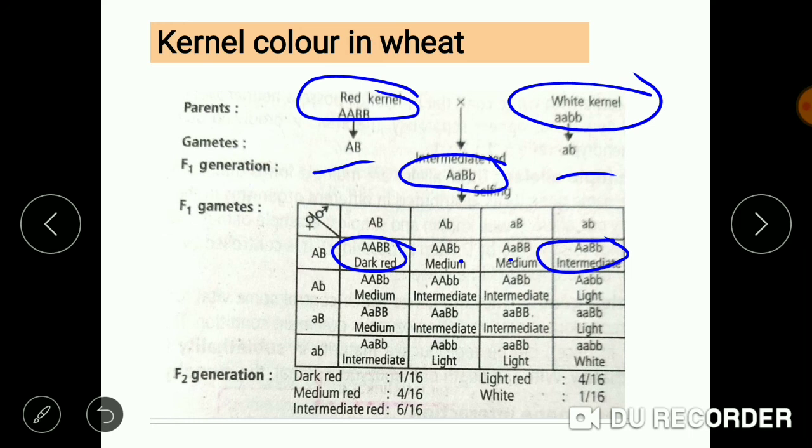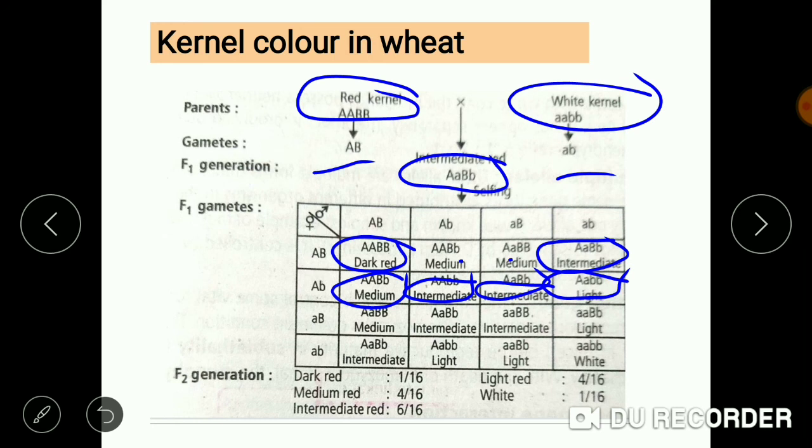See here also only one recessive allele, so medium color. If both are in equal proportions, as you can see here, capital A, the dominant one, and the recessive one, small b, are in equal proportion, so the intermediate color will be obtained. Here again the intermediate color. When the recessive allele is more, there are three recessive alleles over here, then in that case the light color will be obtained, very light red color.